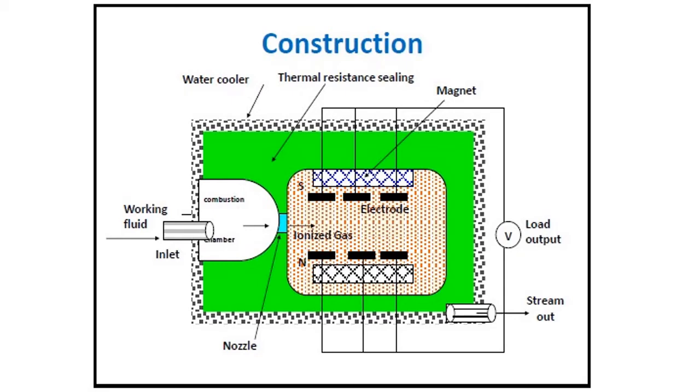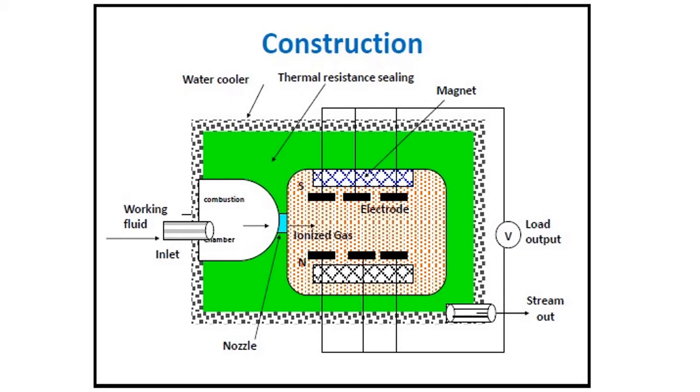The blue color shows the nozzle, and this nozzle will be a convergent divergent nozzle. In this figure it's not clear, later on I will show you. So the nozzle which we use will be a convergent divergent nozzle.